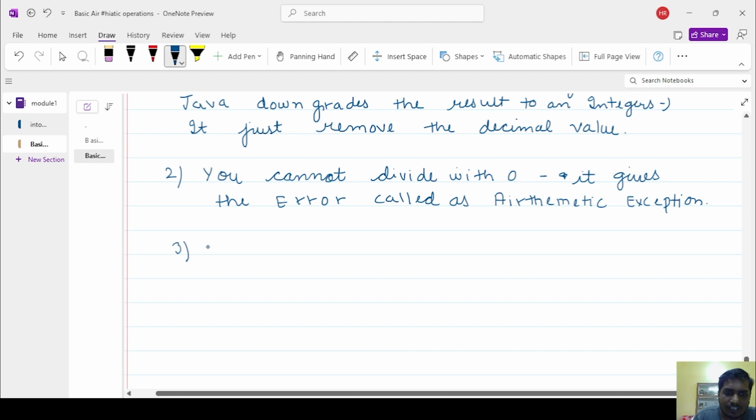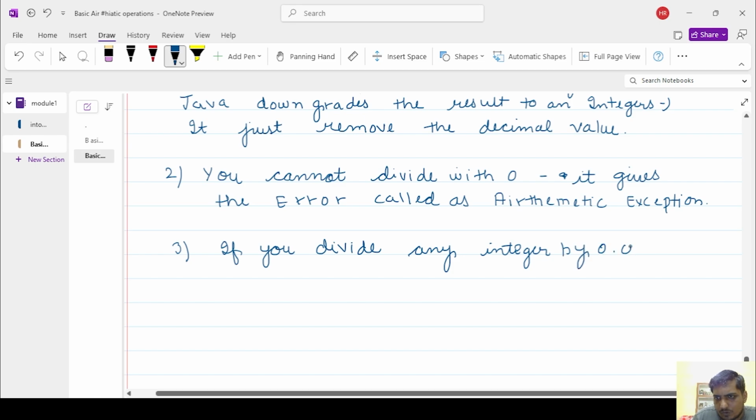Now, in a similar case, if you divide any integer by 0.0, Java gives infinity.